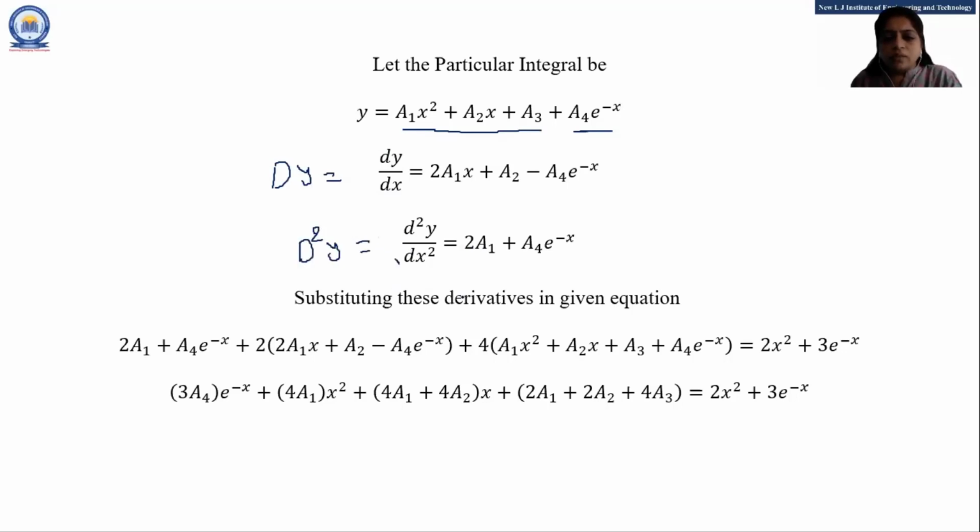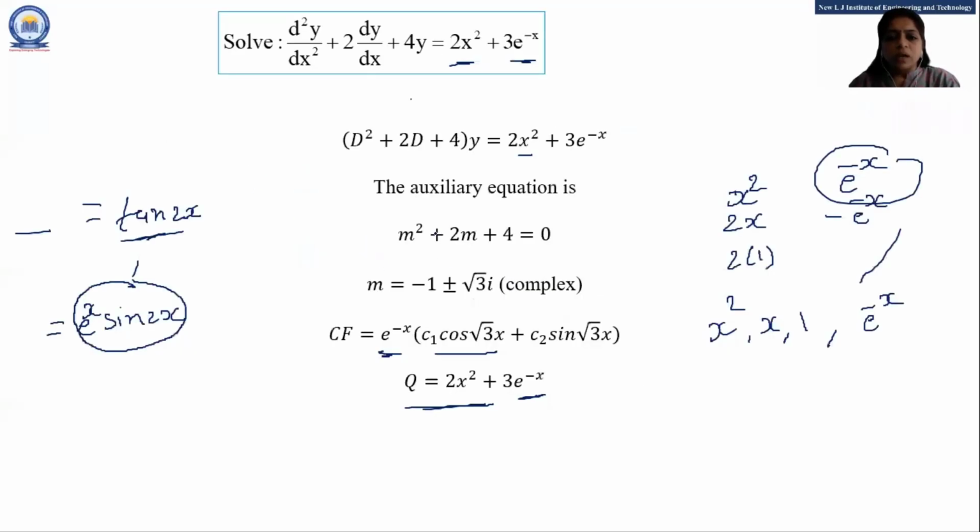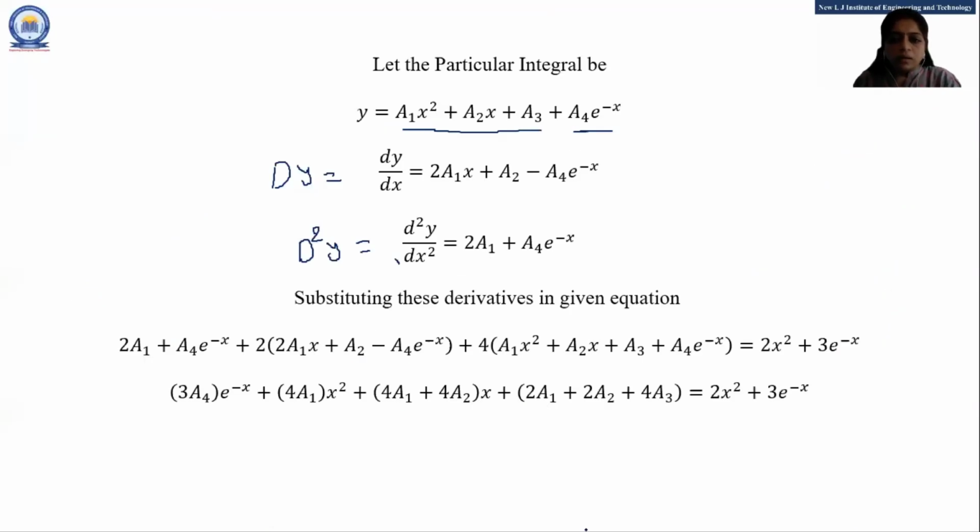Now substituting these derivatives in the given equation. And what is our given equation? Our given equation is D square y plus 2Dy plus 4y. So first I have to write the value of D square y, plus 2 into Dy.